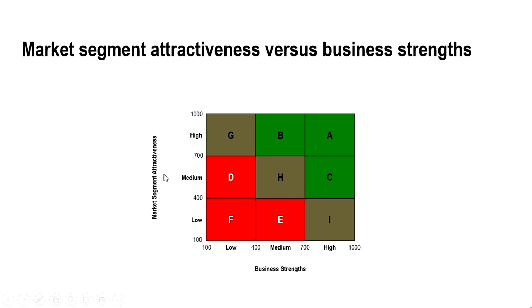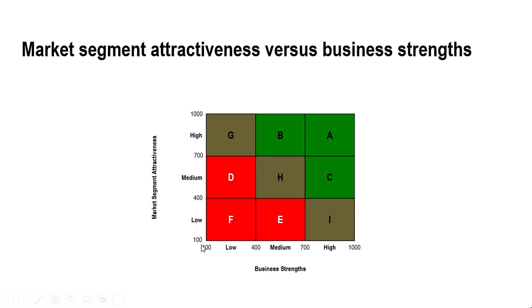If you remember from the previous session, that attractiveness will depend on the current size, the rate of growth, and not only the current industry status, but the future possible industry status, the emerging technological changes, etc. Those are various judgments that we use to understand market segment attractiveness.